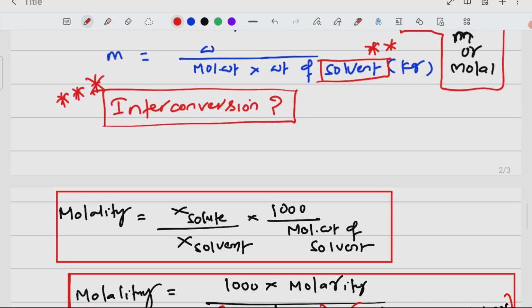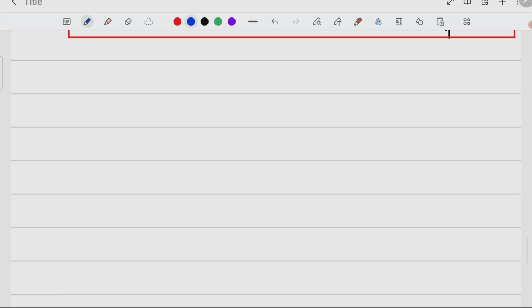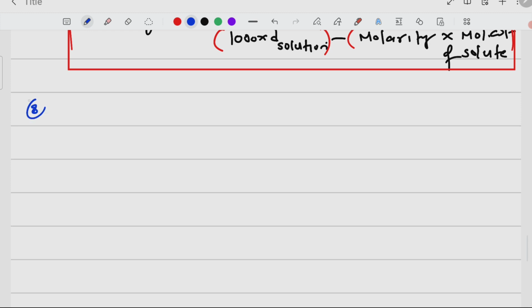Okay, next concentration term. After completion of molarity, next we move to ppm. What is ppm here? It is nothing but parts per million.